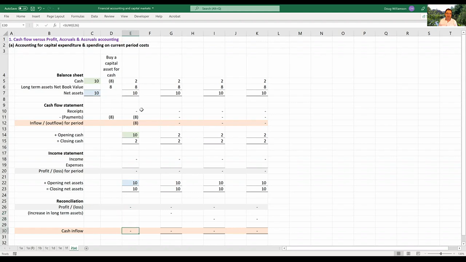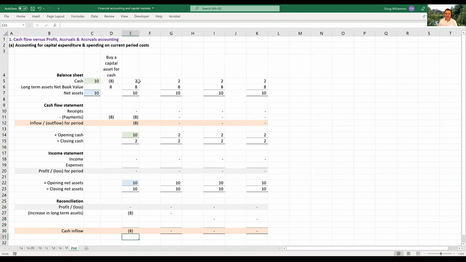Now, our profit and loss is none because we have no income and no expenses, but our cash flow is an outflow. So why is this so? It's because our long-term assets went up, reflecting, we could say, some cash we spent that went onto the balance sheet instead of going into the income statement.